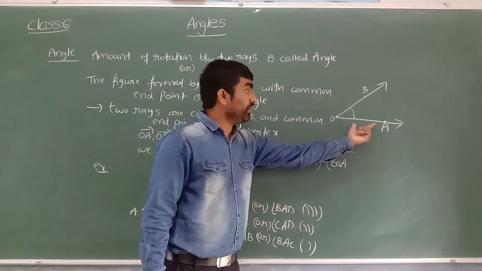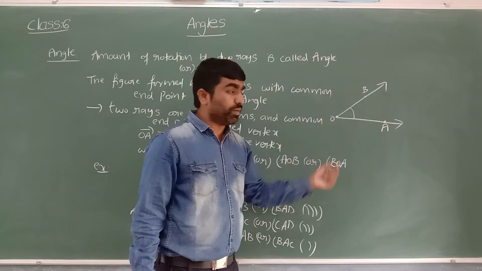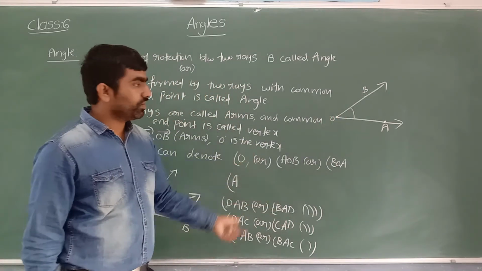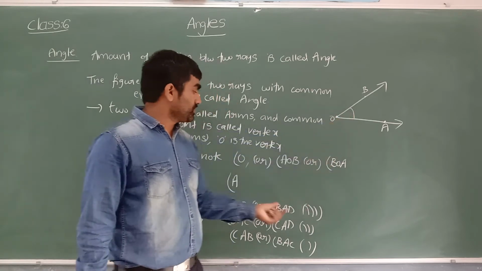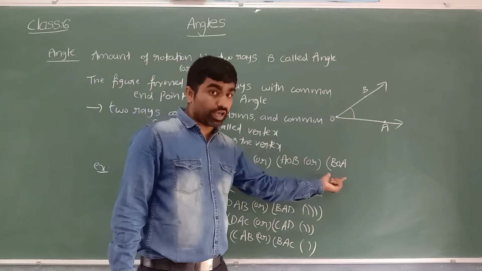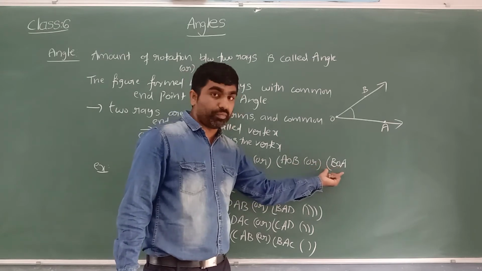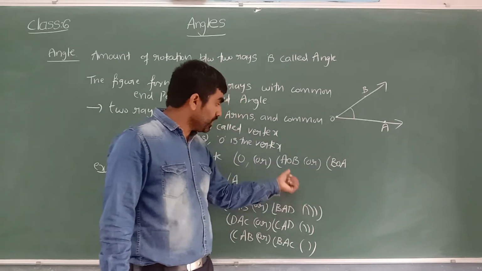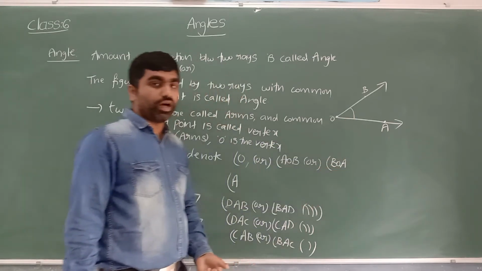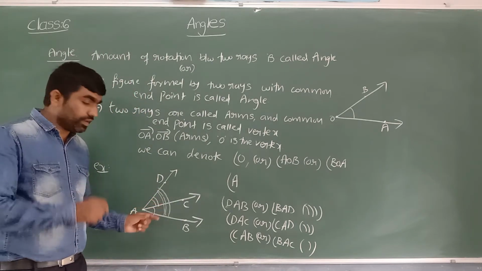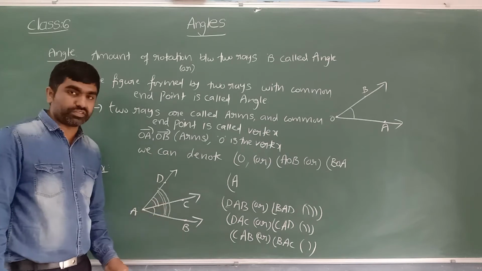After forming the angle, these two rays are called arms, and the common endpoint is called the vertex. We can represent this angle with a single alphabet or three alphabets, but make sure that with three alphabets, the vertex is in the middle, so that we can identify the particular angle, especially in this type of case.